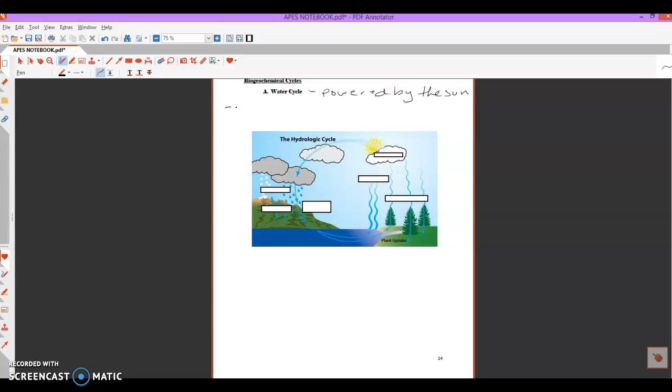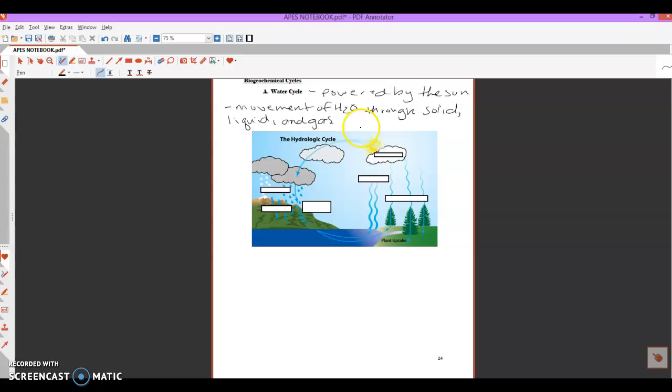So it is the movement of water through solid, liquid, and gas.